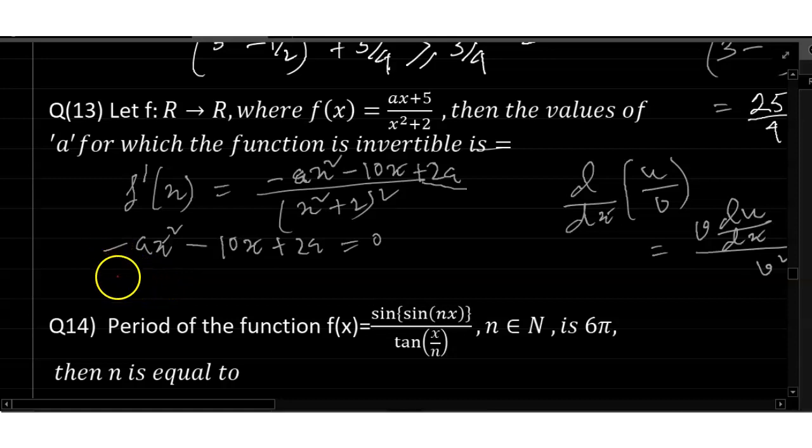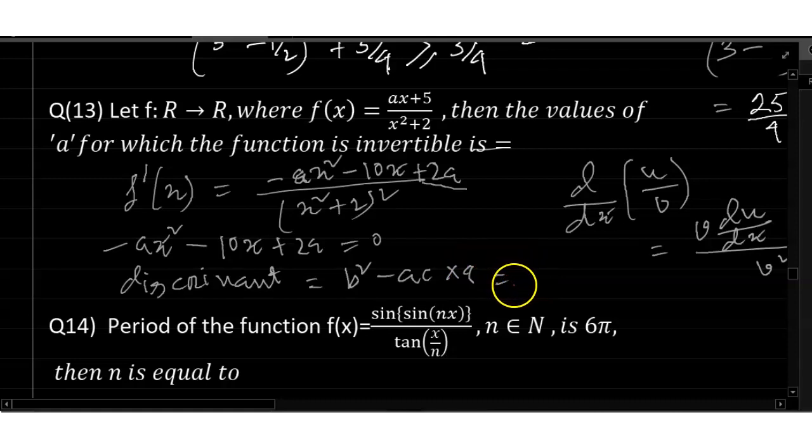So for the numerator, the discriminant is b square minus 4ac, equals 100 plus 8a square, which is always greater than 0.